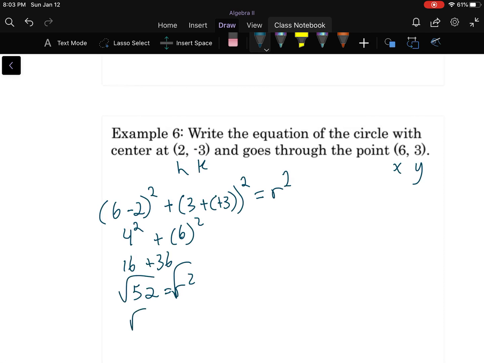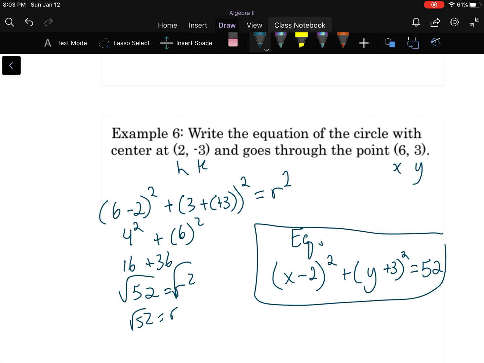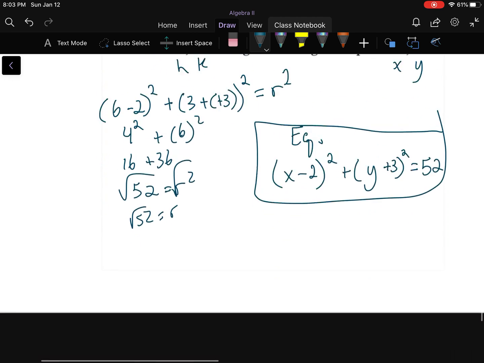The square root of 52 is my radius, but when I plug that back into my equation, I'm going to end up squaring it again. So I've got x minus 2 to the second power plus y minus a negative 3, so plus 3 squared, equals the square root of 52 squared, which turns into just 52. And that's the equation of my circle.